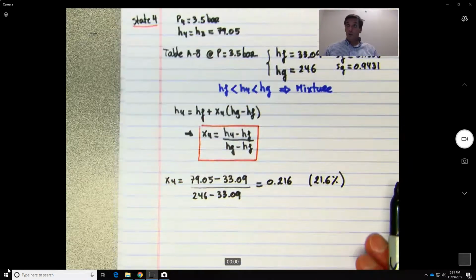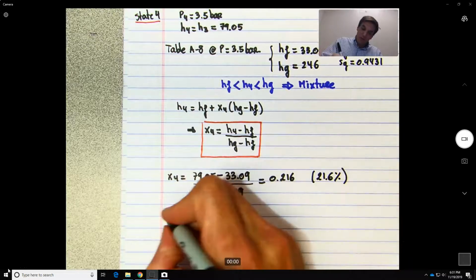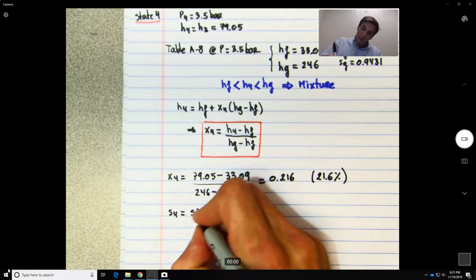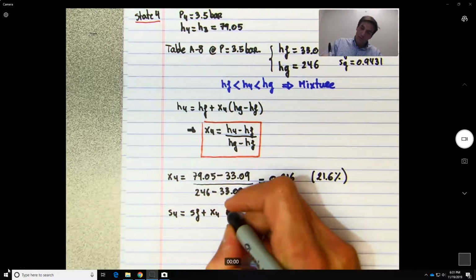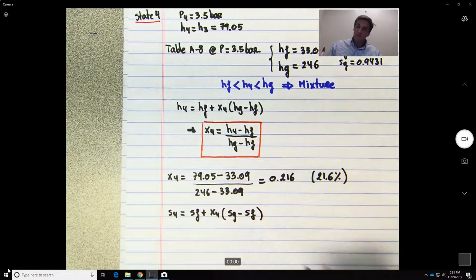Okay, so now that we know the quality factor, using the same equation as this one, but for the entropy, we can find that the entropy will be equal to S fluid plus X4 times (S gas minus S fluid).